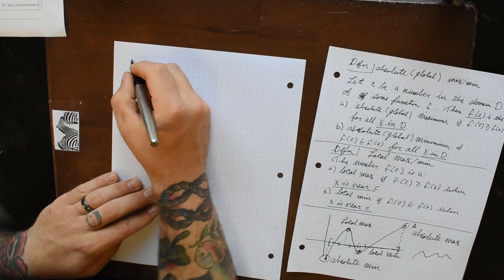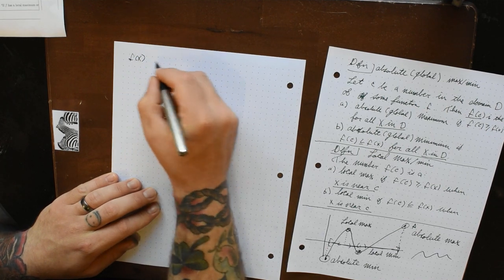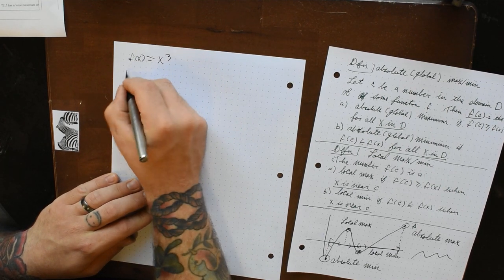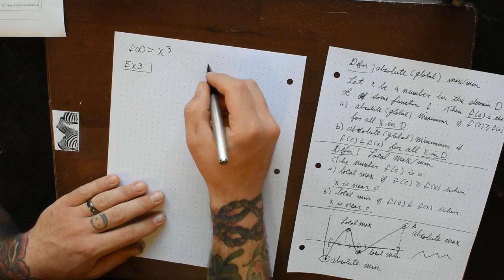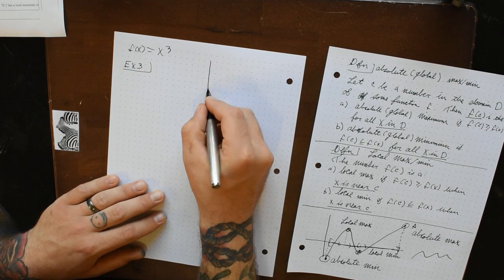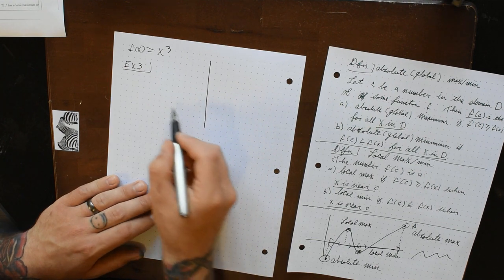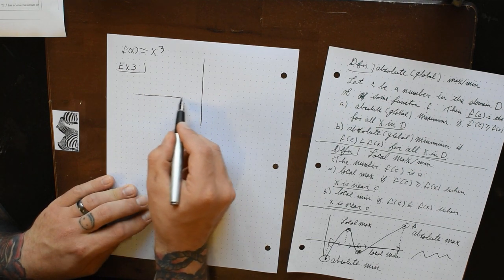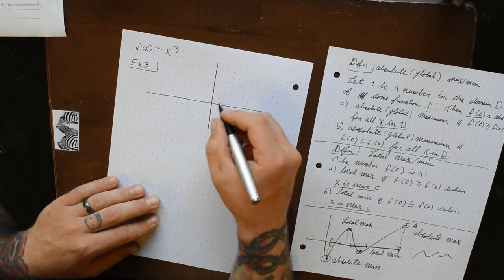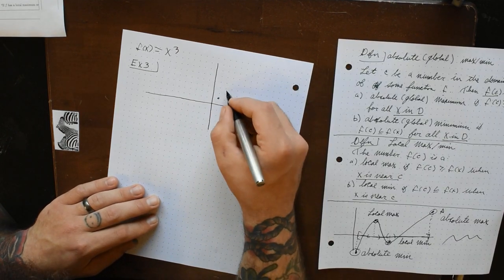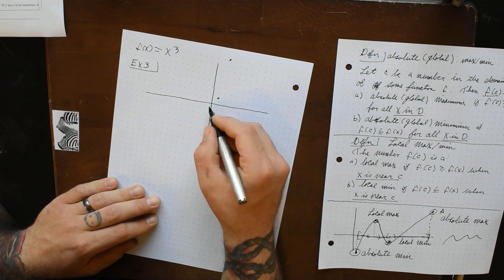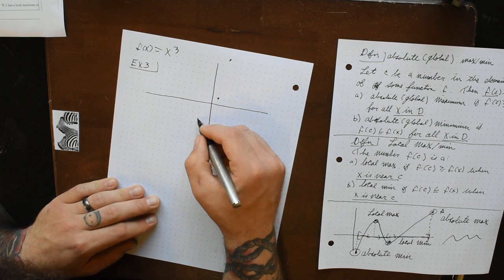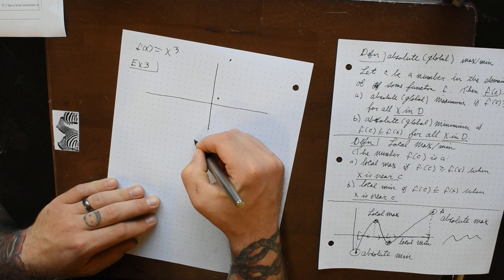So, example 3. f of x is equal to x cubed. And we're going to revisit this example once or twice throughout this lecture. It goes through 1, 1, goes through 2, 3, 4, 5, 6, 7, 8, and negative 2, 3, 4, 5, 6, 7, 8.